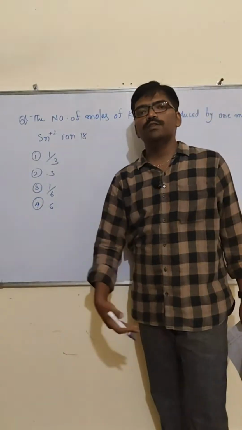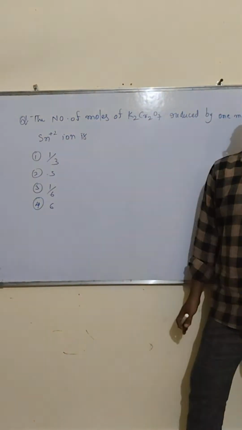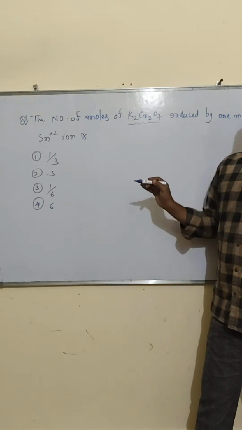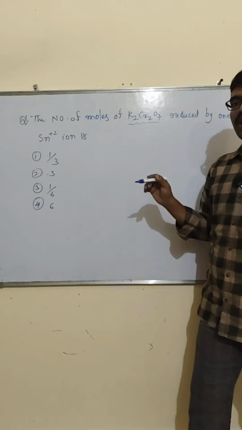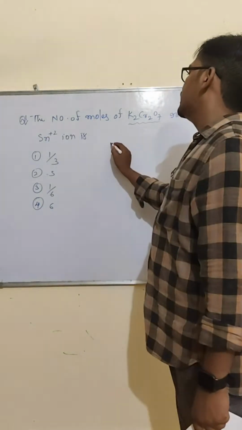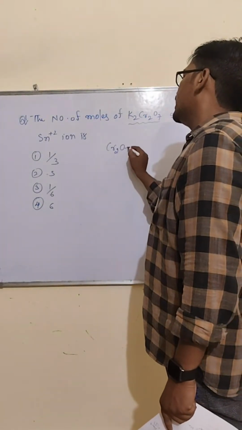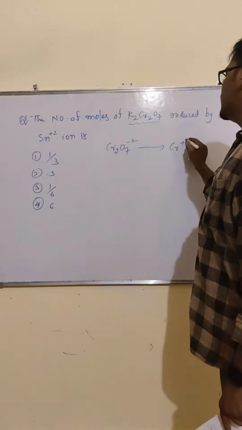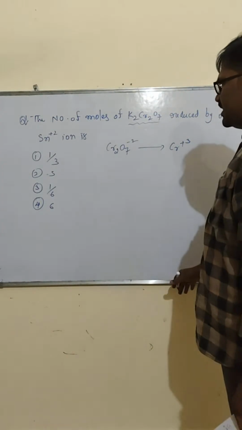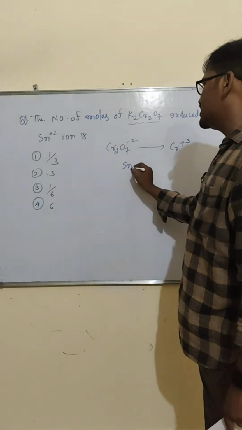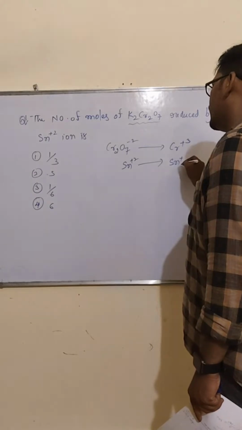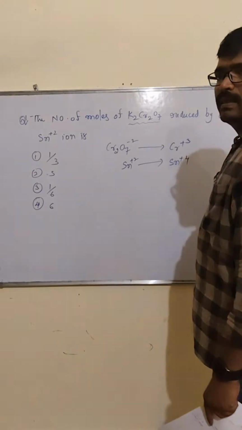Look, if you want to get the answer for this, first you must know how potassium dichromate is converted in an acidic medium. Cr2O7 minus 2 is converted into Cr plus 3 in the acidic medium. We know that. Then Sn plus 2 is converted into Sn plus 4. Clear?